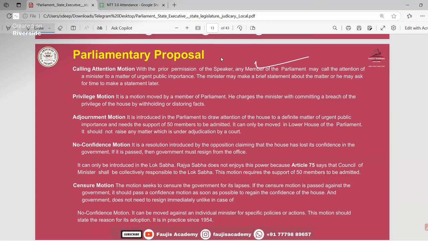As I mentioned about the Manipur riot, during this riot this motion was used by the opposition party to call the attention of the ruling party, and they asked for a brief statement about what is happening in Manipur, and what resolutions have been taken to bring peace back to this region. That is what calling attention motion is. It is always done with the prior permission of the speaker. Don't forget this point.